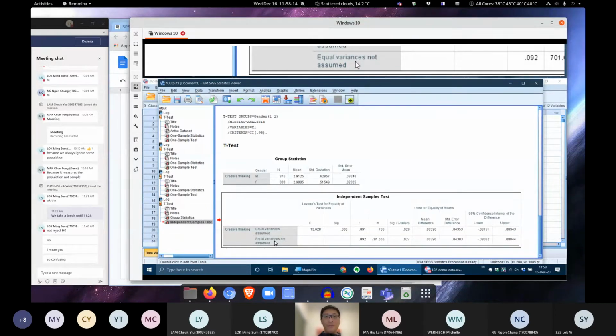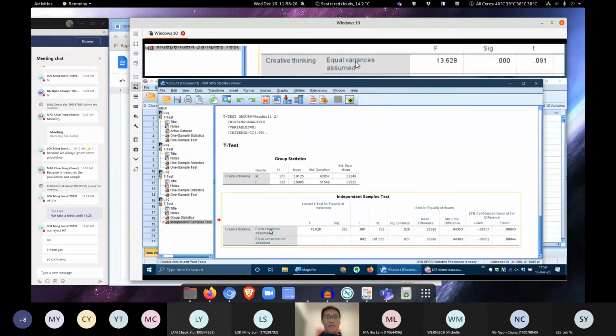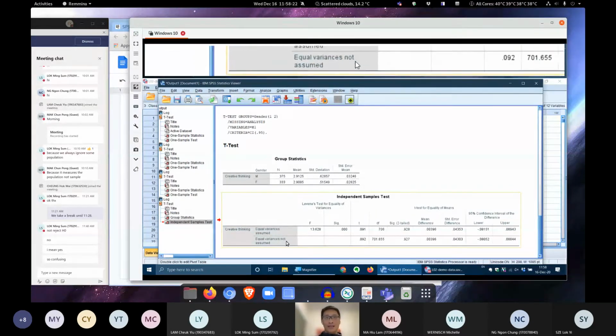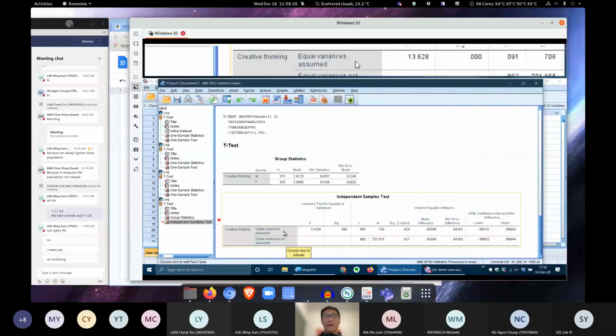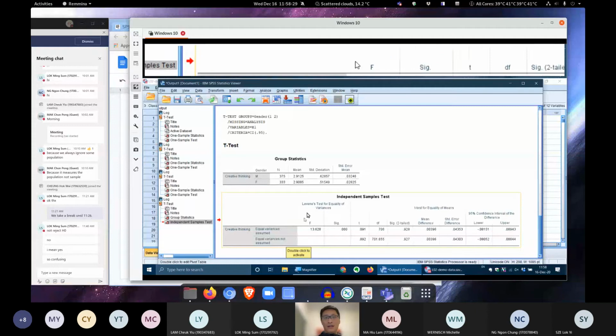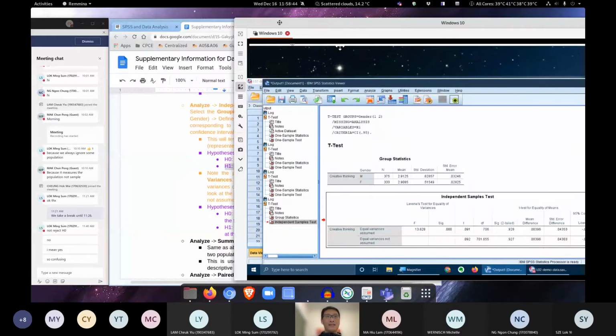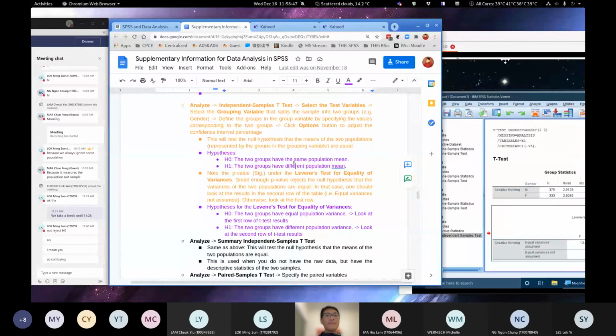So before we look at the t-test result, first of all, we want to determine which is the case in our data. Which one should we use? And in order to determine which one we use, we have a Levene's test for equality of variance. It means that SPSS has already done the test for you, and it tells you which one is true. Now, let's look at this outline here.